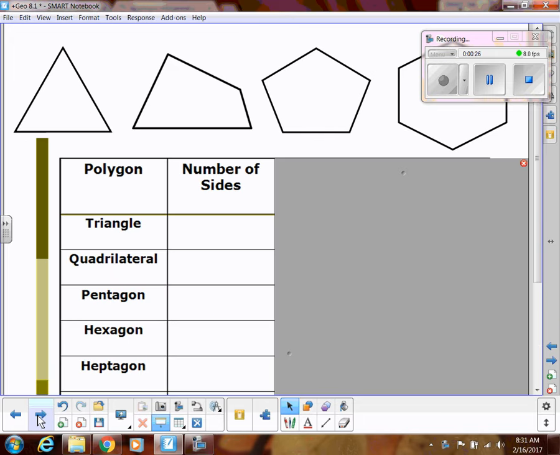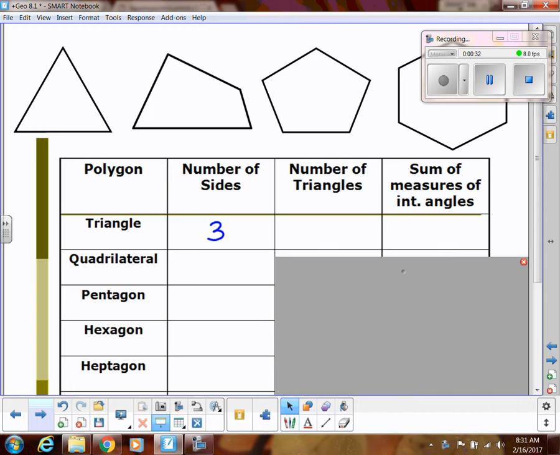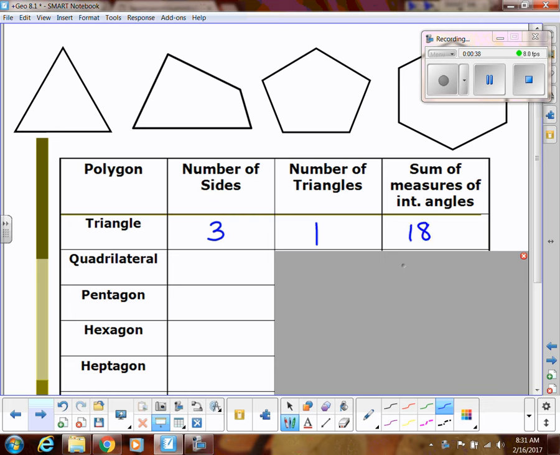All right, so we know that the number of sides in a triangle is 3, and the number of triangles is 1, and the sum of the interior angles is 180. But if I have a quadrilateral, which means we have 4 sides, and I split that quadrilateral into triangles, now I have 2 triangles.